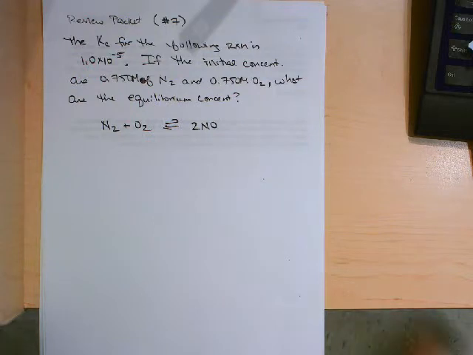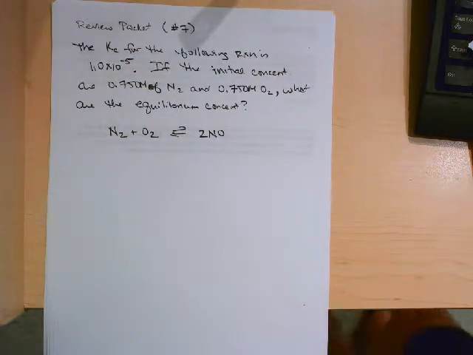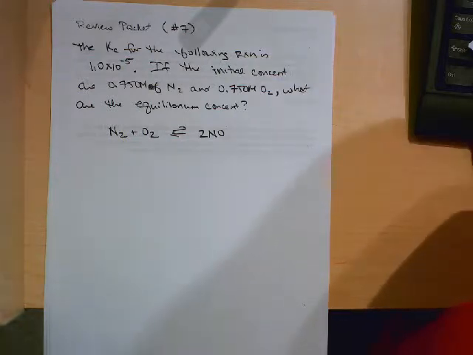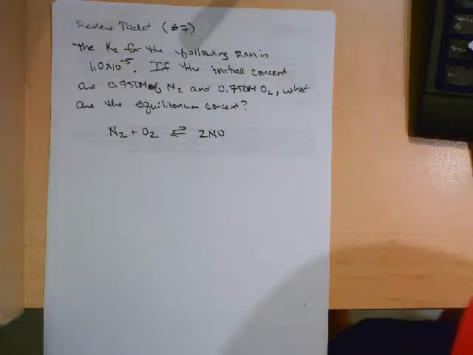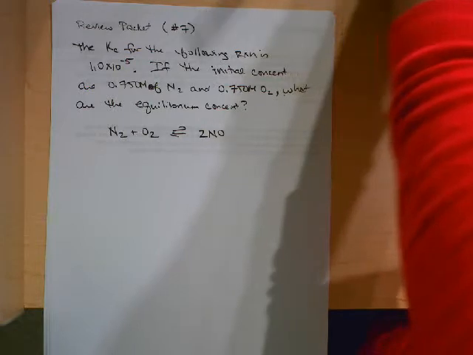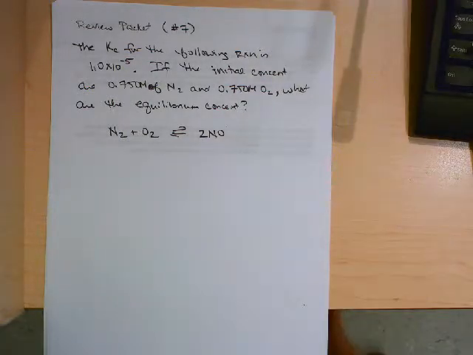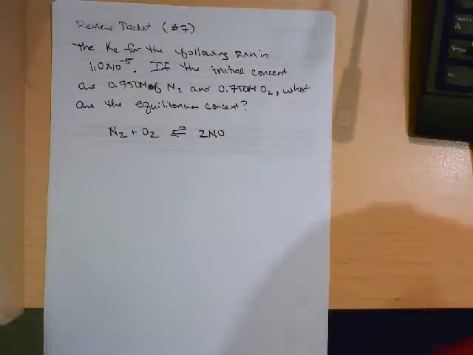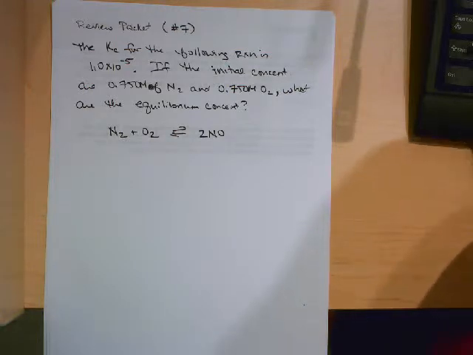I shortened the actual question. The Kc for the following reaction is 1 times 10 to the negative 5th. If the initial concentrations are 0.75 molar of N2 and 0.75 molar of O2, what are the equilibrium concentrations?